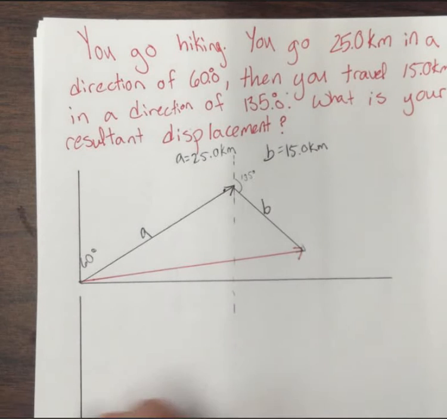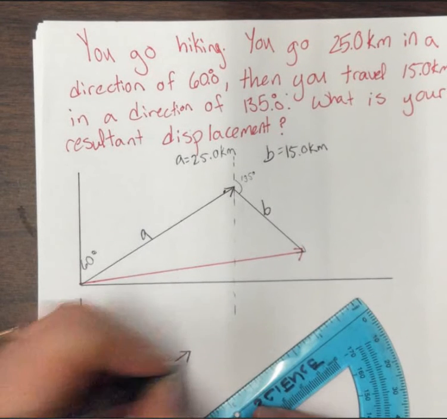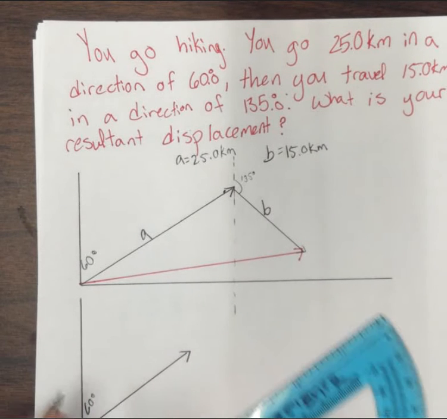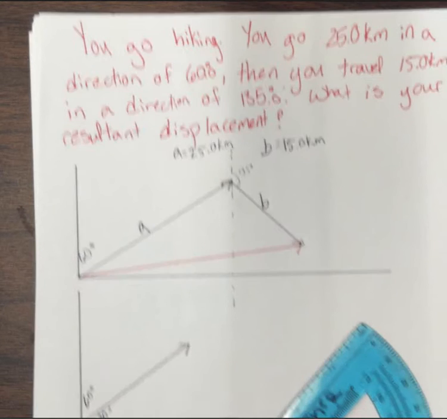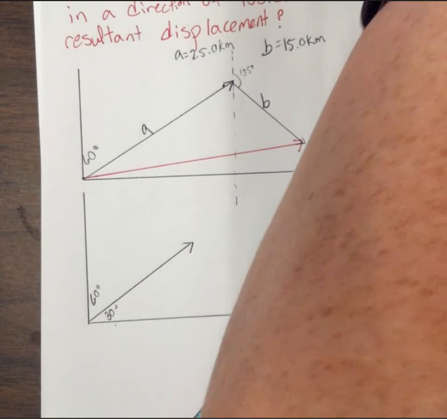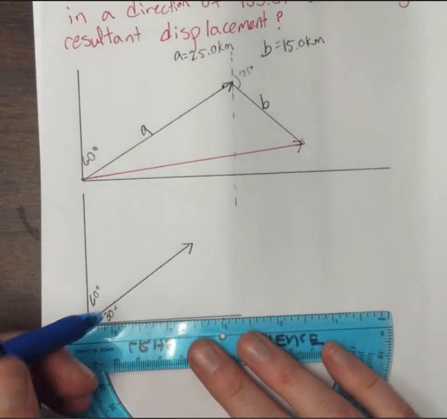So our A vector, if that's 60 degrees on our axis, then this would have to, by definition, be 30 degrees. So if we were going to break it down into its x and y components, AX would be right here.